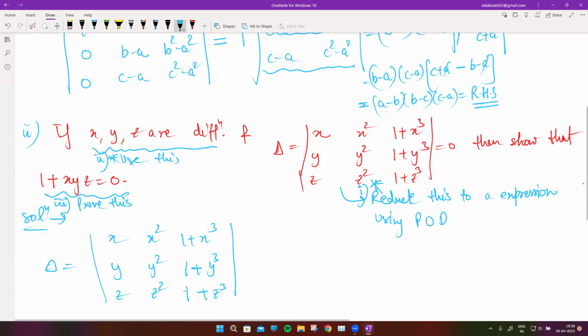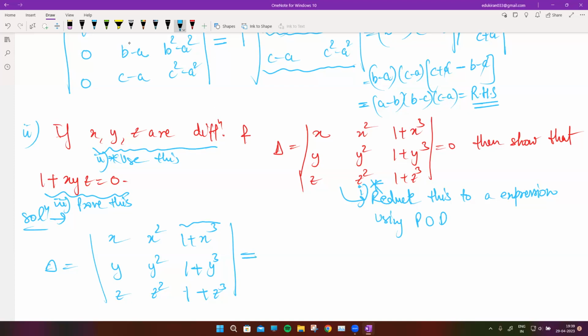Can we use any property directly, first of all? Out of the 6 given properties, what would you like to apply here first? See, my first thought would be this, that the column contains 1 plus x cube, 1 plus y cube, 1 plus z cube.